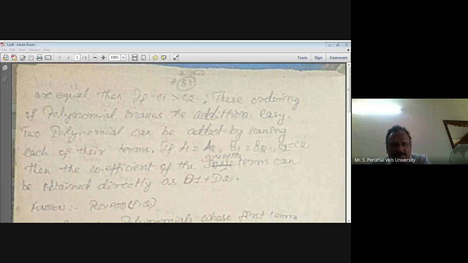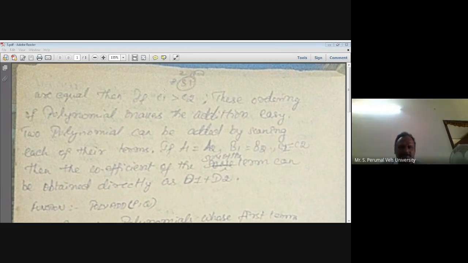Check all the conditions. Writing on the board is easy. So first, all the powers are checked from the first term and second term: A1 greater than A2, or if the A's are equal, B1 greater than B2, or if the B's are equal, then C1 greater than C2.